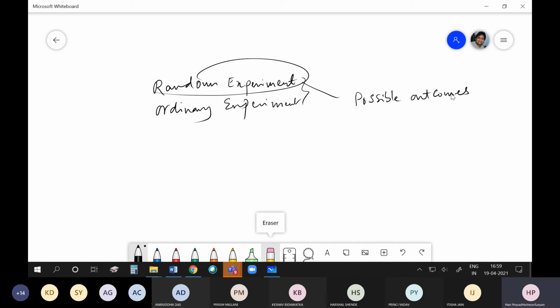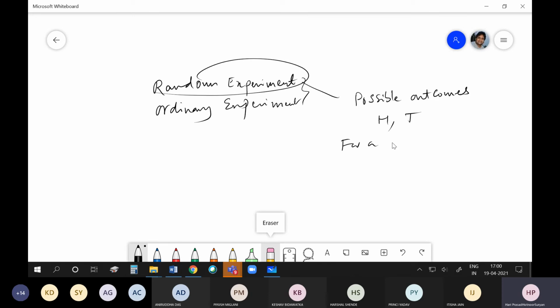So that means, let us say if I am tossing a coin, what are all the possible outcomes I can have? Either I can have a head or I can have a tail. This everybody knows. I know the outcomes. But the problem is, for a particular realization, if I toss a coin, I am not sure whether I will get head or tail.